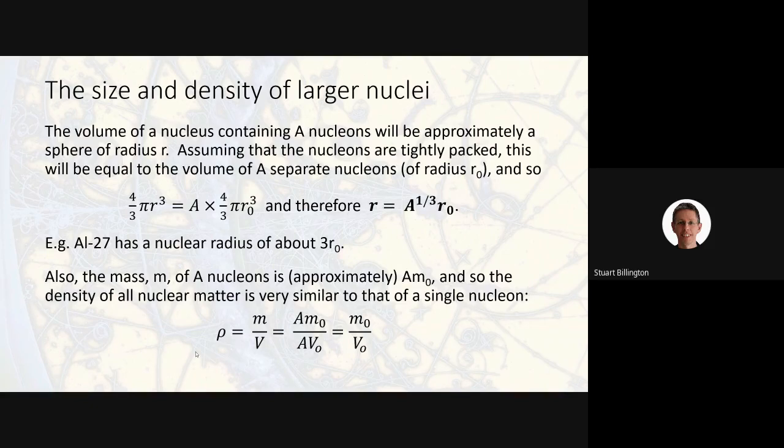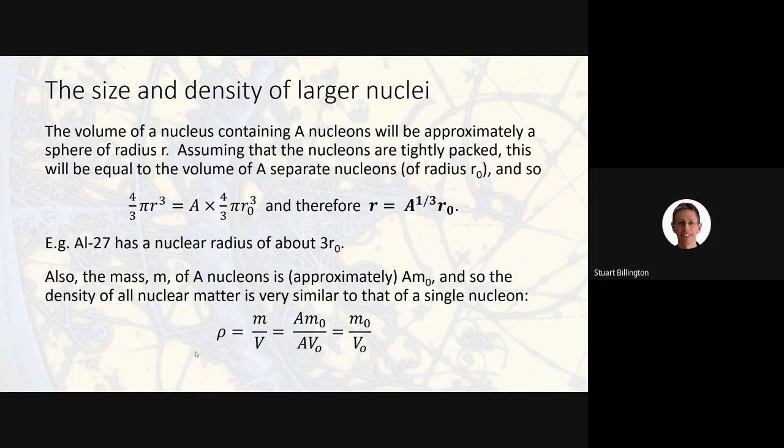We end up being able to write that equation, and then we can cancel out the 4/3 pi and take a cube root of both sides of the equation. And we find out that the radius of the nucleus is proportional to the radius of a single nucleon. And this constant of proportionality is the cube root of the number of nucleons.